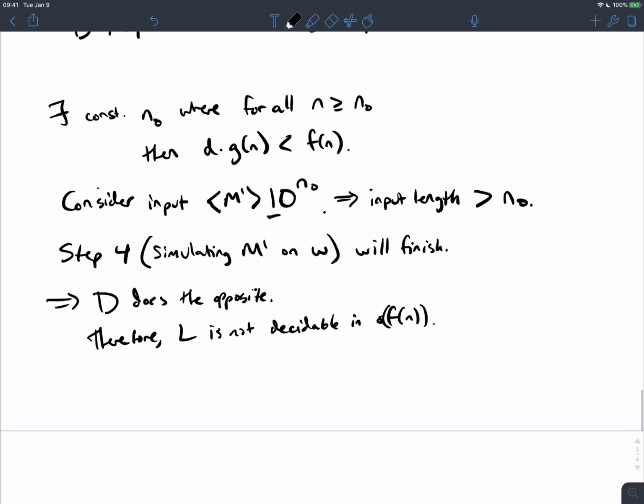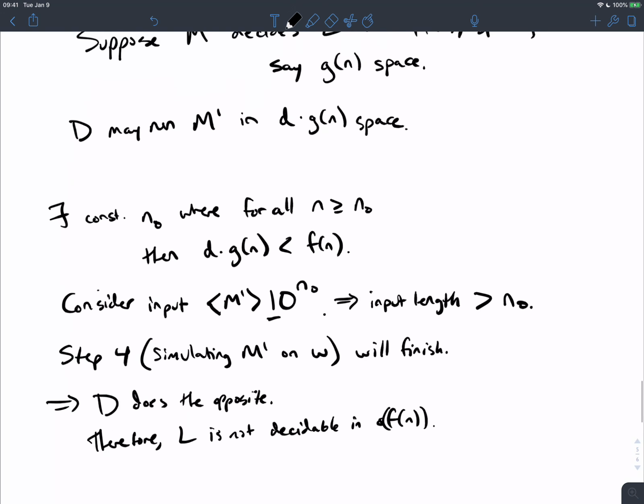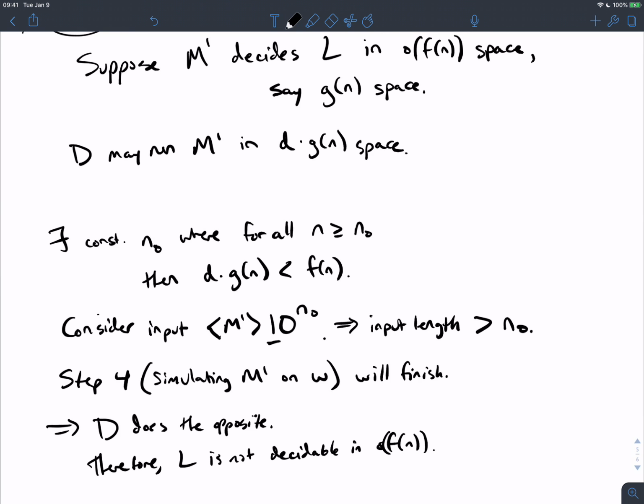And so we can claim that L is a language that does run in big O of f of n space, but because of this contradiction that we were able to find, it is not decidable in little o of f of n space. So in fact, we can show that if you use any asymptotically more space than what you had previously, you can decide more languages, at least one, which is kind of cool.